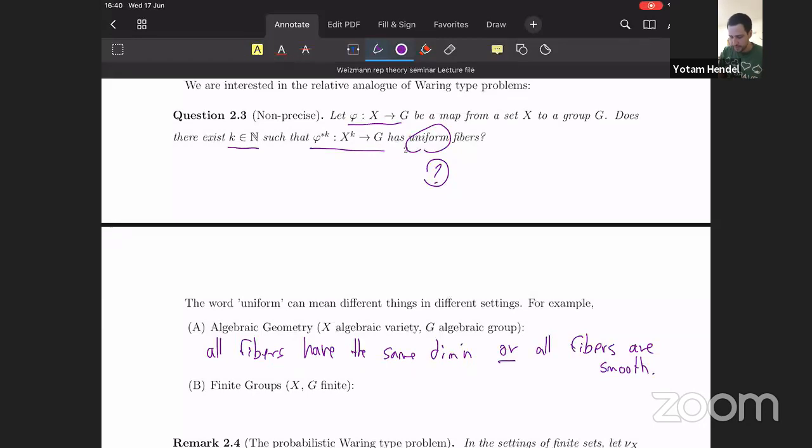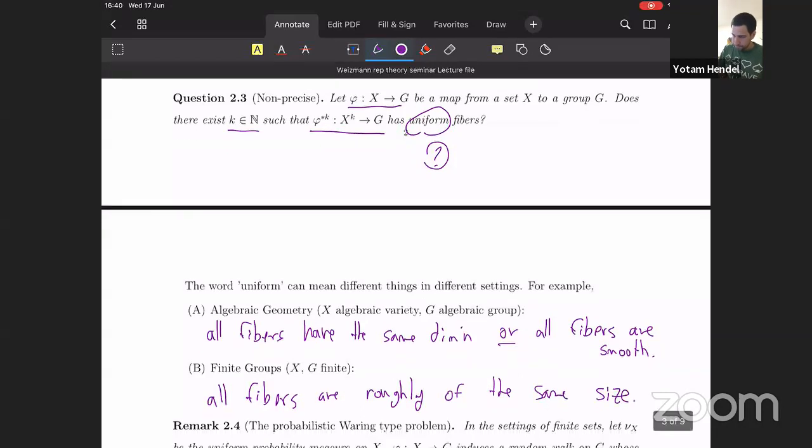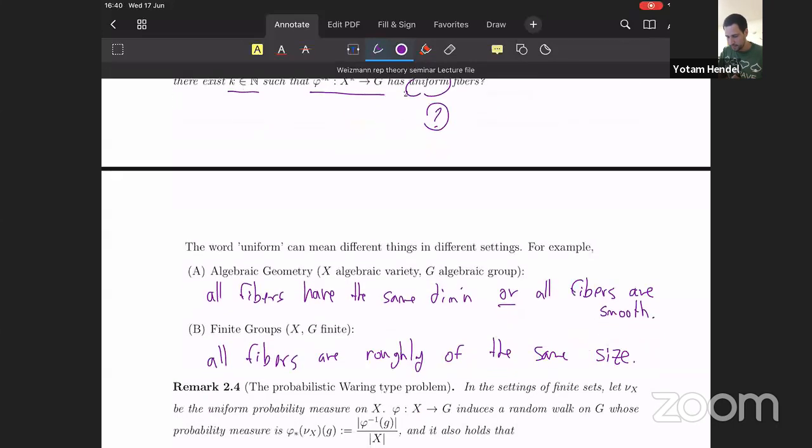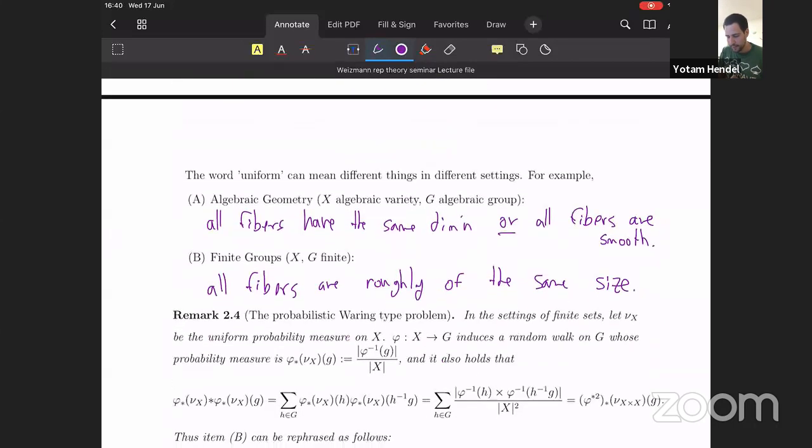If I'm in the setting of finite groups, so X and G are finite, then I can just ask for all the fibers to roughly be of the same size. And something nice about the second item is that I can give it a probabilistic interpretation.